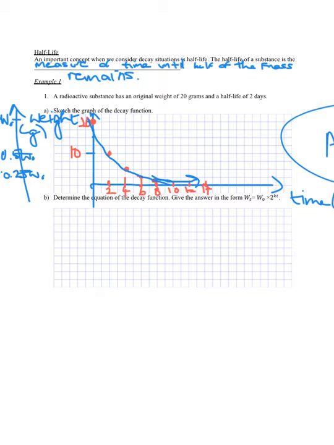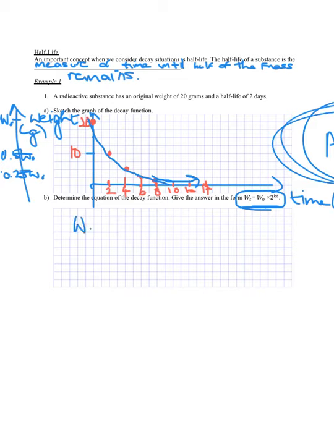This is a bit different because it asks for a specific form, so we have to get into that form. This is not as hard as it looks, because all you've got is one unknown: k. t is fine. You're allowed to have t, so all you have to do is find k.